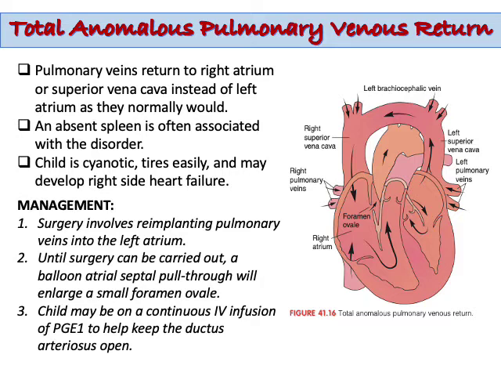Management: surgery involves reimplanting the pulmonary veins into the left atrium so that oxygenated blood will be carried out again by the aorta to the systemic circulation. But until surgery can be carried out, a balloon atrial septostomy will enlarge a small foramen ovale.